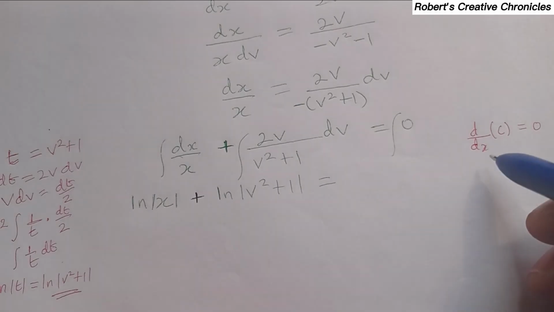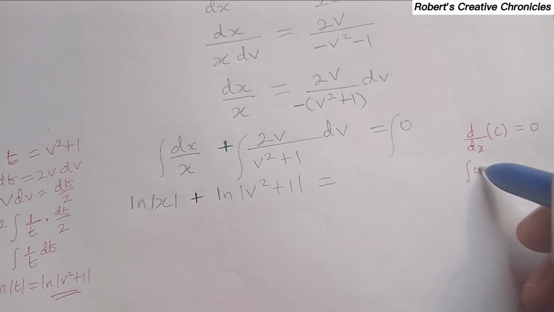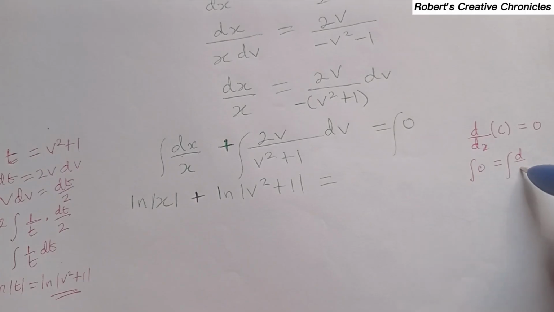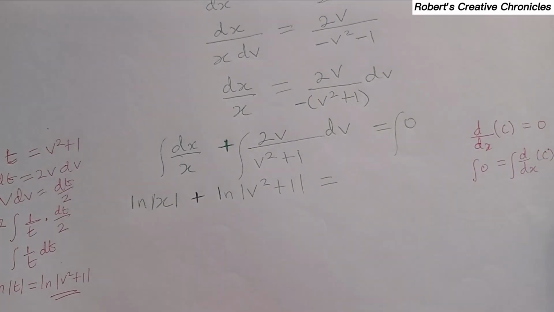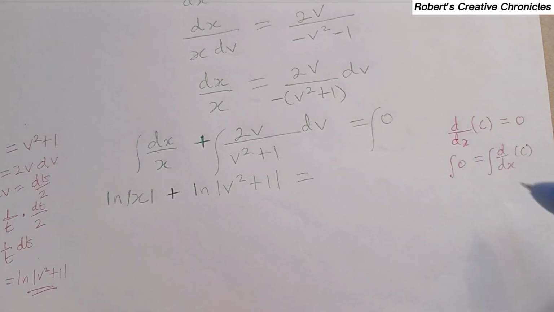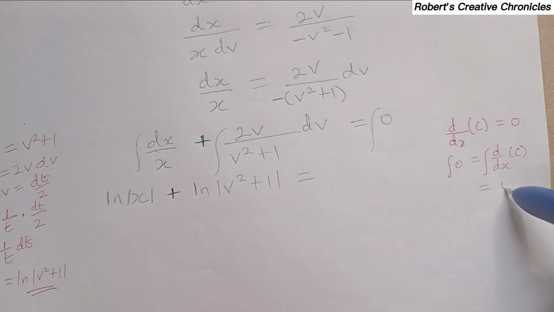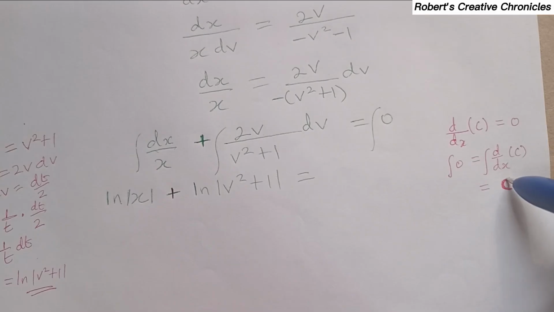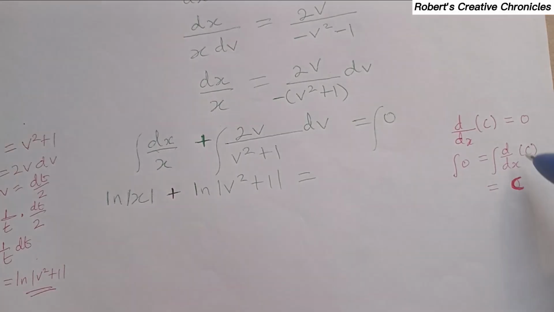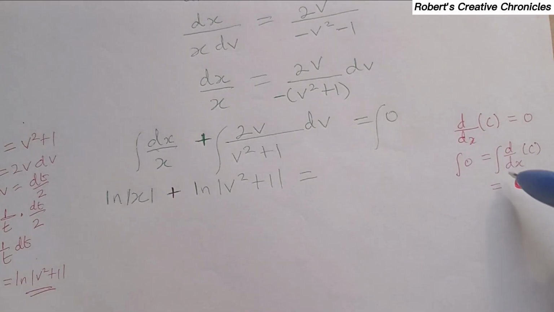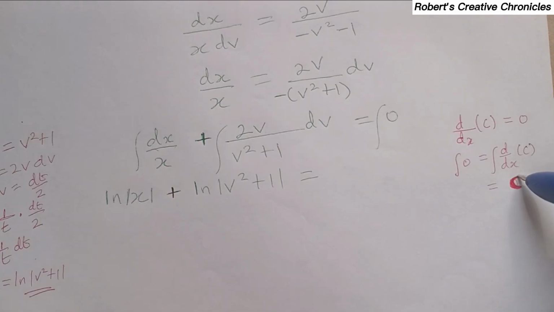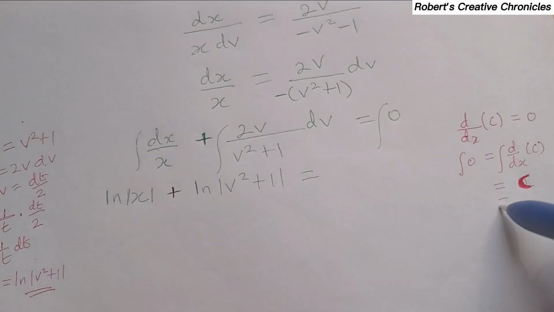So now, if I want to find the integral of 0, it will mean that I am finding the integral of the derivative of a constant. So now this integral will cancel this derivative. The answer now will be a constant. This integral and this d over dx will cancel. So what will remain now is c. That means the integral of 0 is a constant, not 0. C, which is equal to a constant.